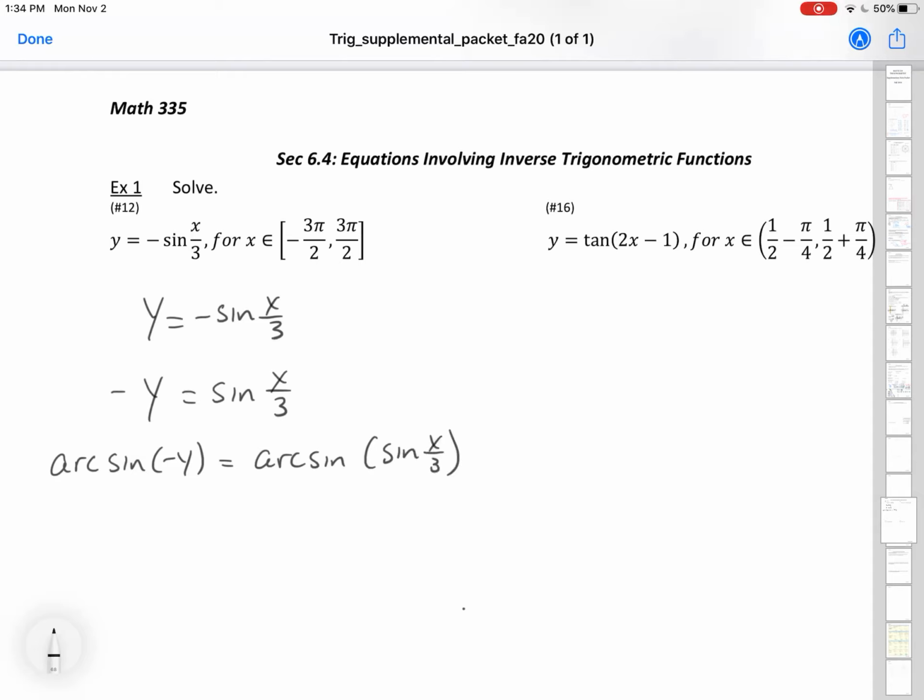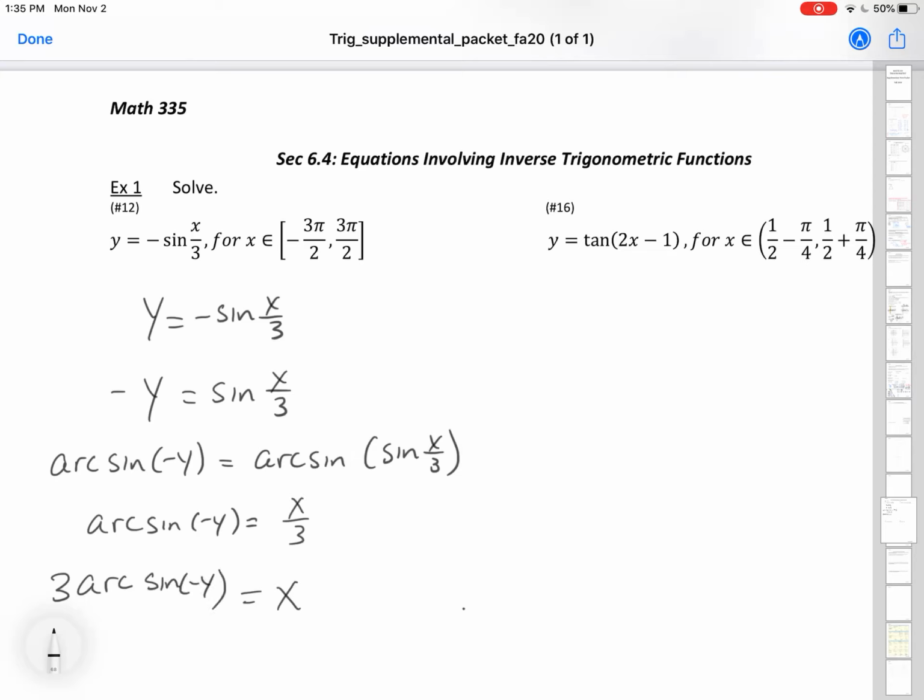Because the arc sine undoes the sine, we get that the arc sine of negative y is equal to x over 3. And so x is equal to 3 arc sine of negative y, which is the answer they have in the book.